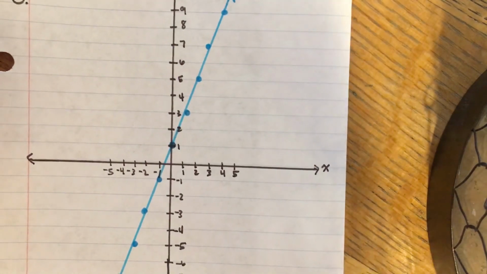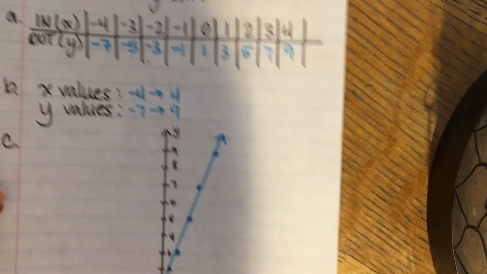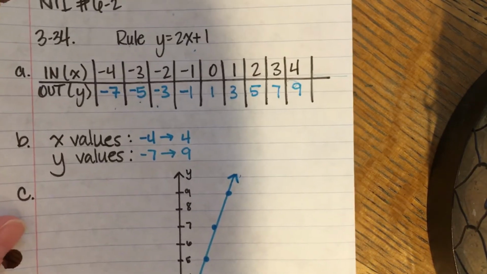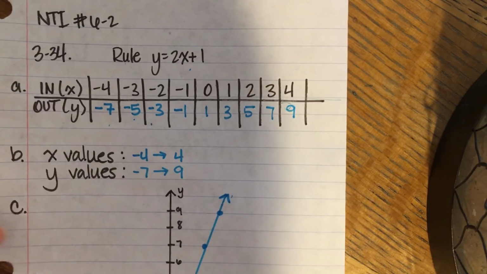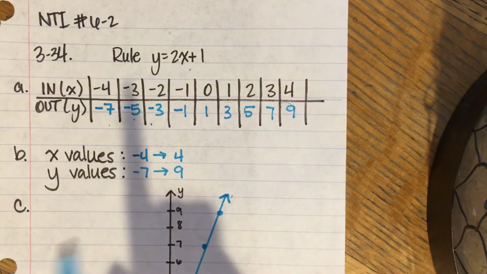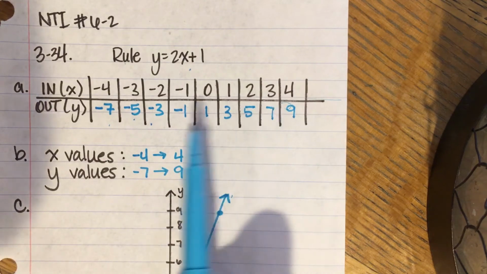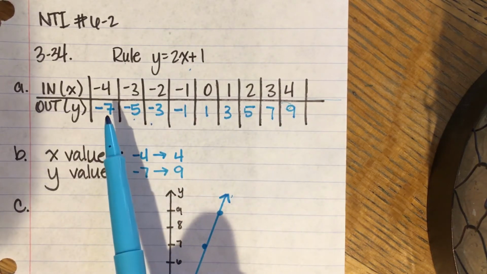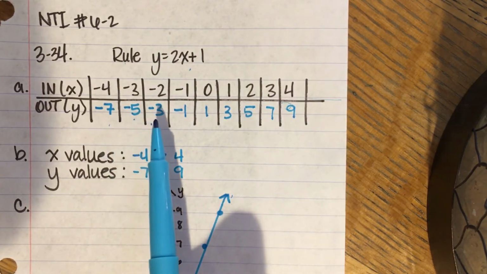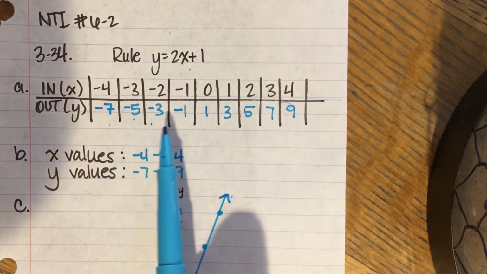Okay, one more thing before I let you move on and finish up the rest of these problems. You only have 3 more to do. I want to look at the rule in this table and how they are connected. So earlier, when we were using the rule to figure out the y values, I was telling you to look, once you start seeing here, you can see if there's a pattern with all the y values, that they are increasing by 2 every time here.